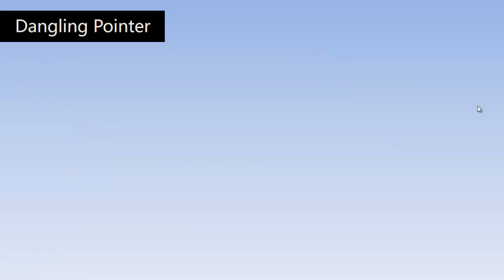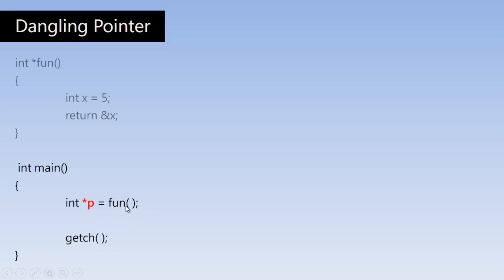Let me show you another example where we can encounter a dangling pointer. Here I've got a main function where I declared a pointer p and I made a function call to the function fun, right? In this function it has x, a normal variable, and this function is returning the reference of x, I mean the address of x.